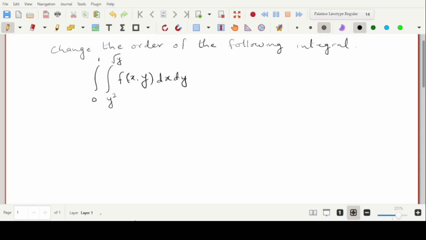Alright, so before we can change the order of the integral, let us draw the region that these limits represent.